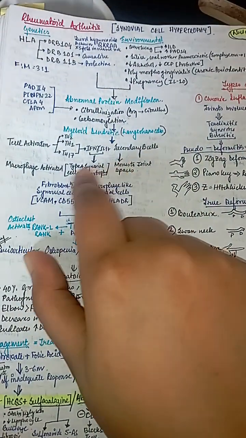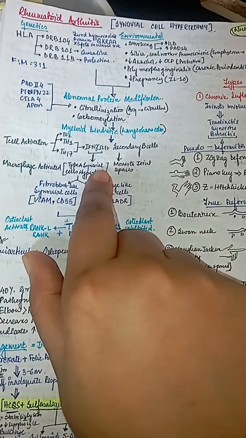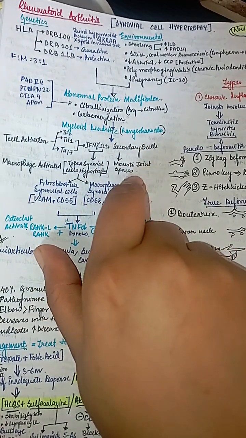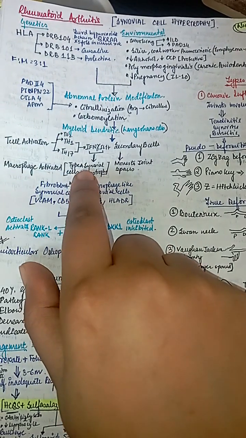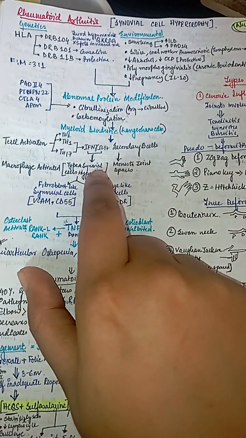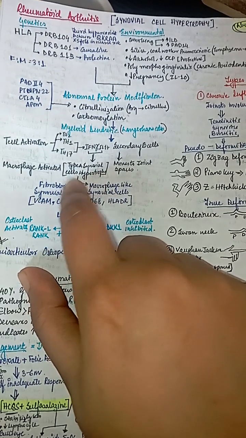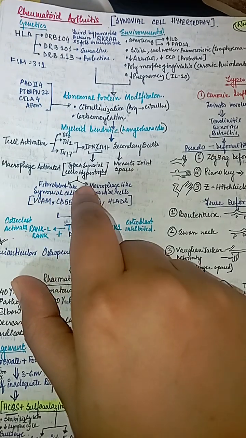And after this, the immune cells are activated. These secondary B cells move to the joint spaces, and macrophages which are activated act against the type A synovial cells and cause hypertrophy of type A synovial cells.